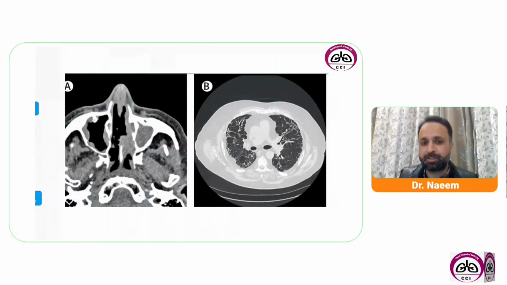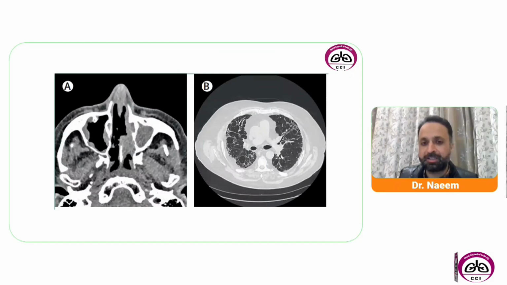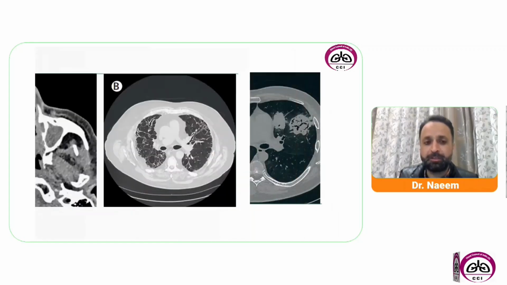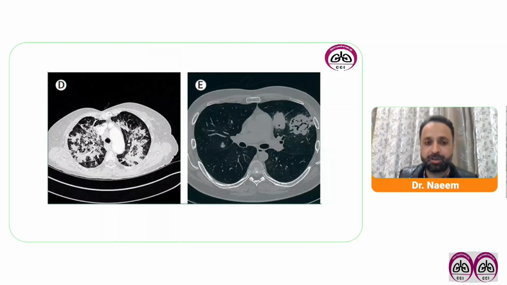The radiological presentation: a destructed nasal septum. Here in this picture, we can see traction bronchiectasis, along with, in this typical presentation, bilateral consolidation, nodularity, and cavitating pulmonary nodules.